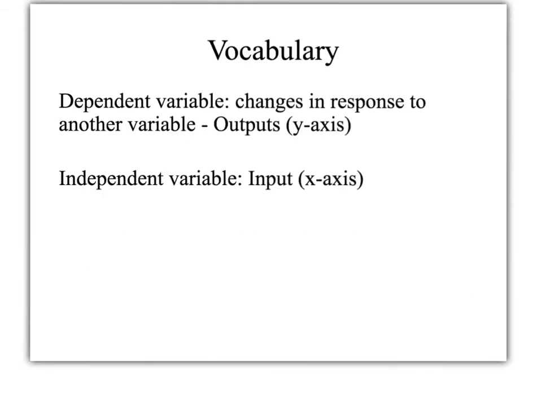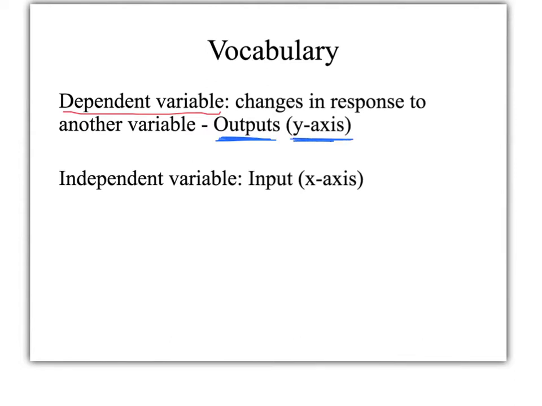Okay, so starting off with a little bit of vocabulary. You might recognize this from science if you've gotten there yet. The dependent variable is the variable that changes in response to another variable. And I added this stuff on because it's going to help you a lot more later. When we talk about functions, the dependent variables are going to be the outputs, and when we start graphing them, these are going to be graphed on the y-axis.